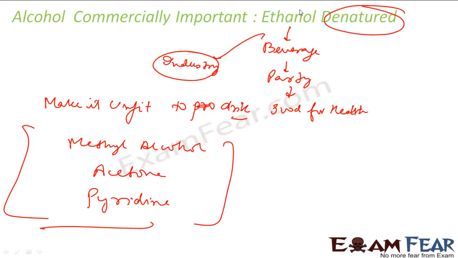That means to make ethanol unfit to drink. Correct? Why unfit? Because ethanol has huge industry use, but ethanol is not good for people's health. The government doesn't want people to drink ethanol. So whatever ethanol they are giving for industry, they are making it unfit to drink by adding methyl alcohol, acetone or pyridine to it.